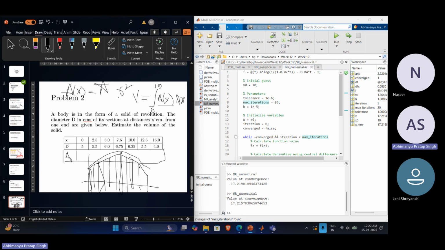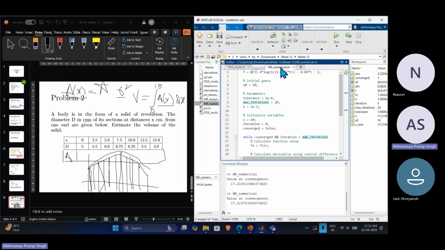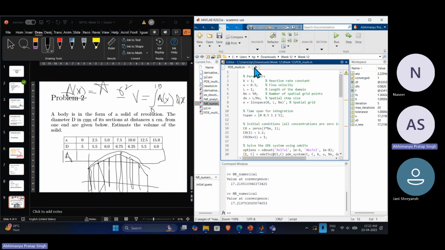Now, if we get a polynomial representation of this r, then we get a continuous function for Ax, right? And then we can simply use the inbuilt integral function of MATLAB to calculate this volume. Okay. So we will look at those two approaches.